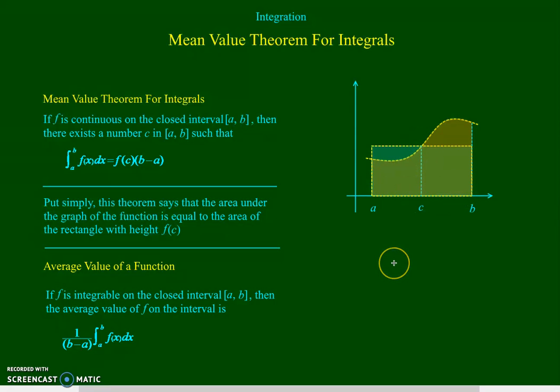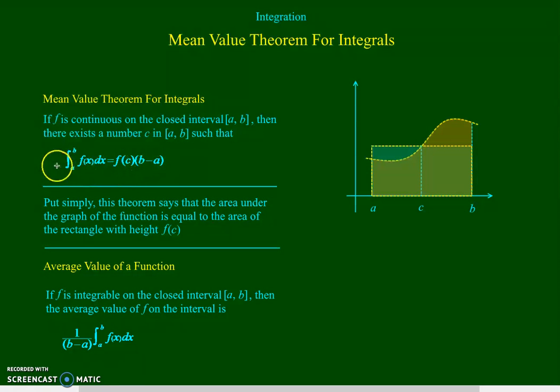Now, this is an existence theorem, just like some of the theorems that we had from our differentiation lessons, and it tells us that a c exists, but it doesn't exactly tell us how to find that c. But if we go one step further here, the average value of a function is evaluated if we divide the mean value theorem by the term b minus a.